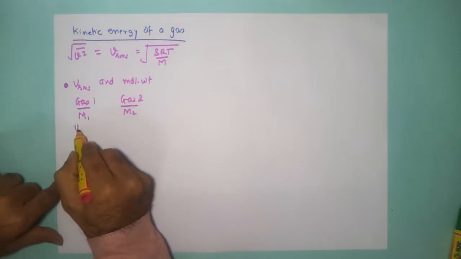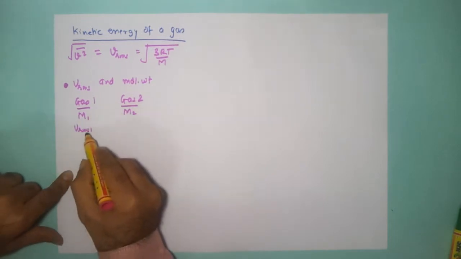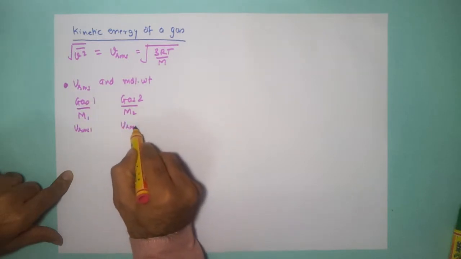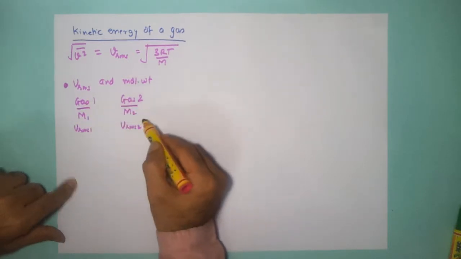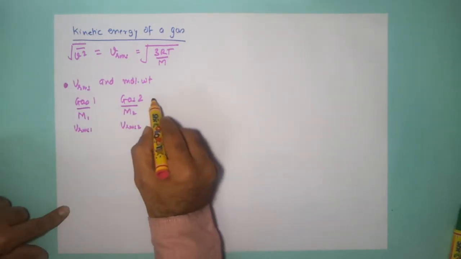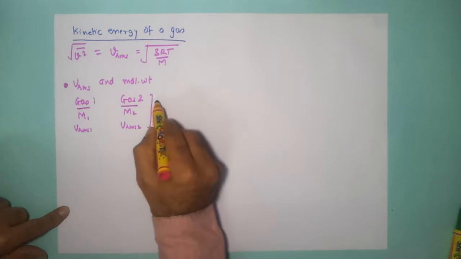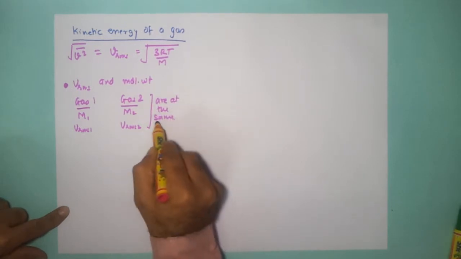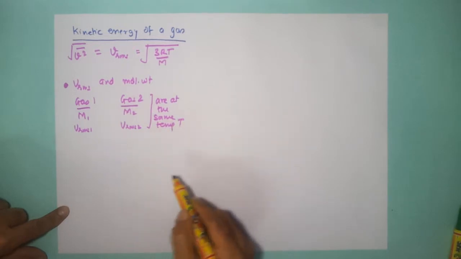VRMS 1 is the root mean square velocity of the molecules of gas 1, and VRMS 2 is that of the molecules of gas 2. Let us say both the gases are at the same temperature, T.